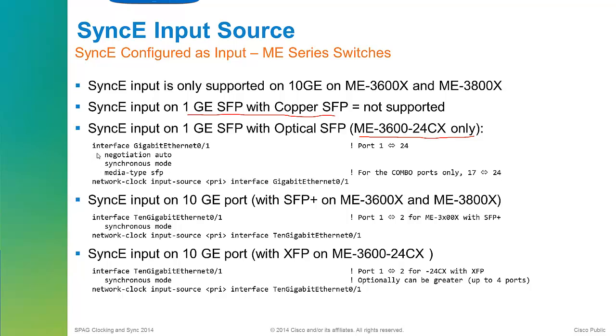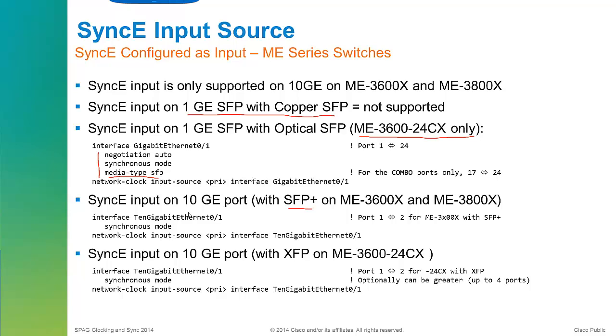And you just configure it, negotiation auto, synchronous mode. Again, it's nice for the combo ports if you define what the media type is. You get better results from doing that. The 10 gig E port on the 3600 and 3800 has XFP plus for various reasons.